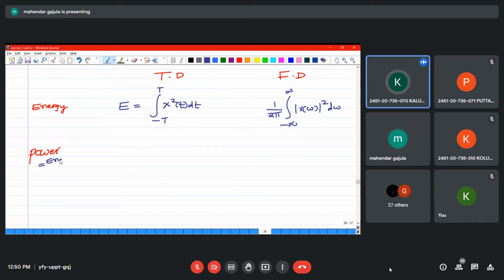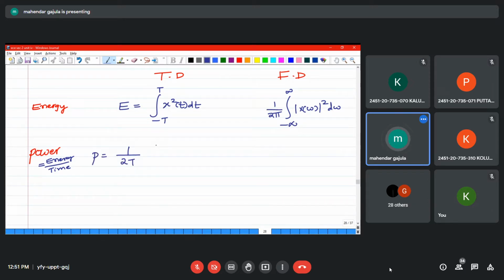Power equals energy by time, so you have to divide the energy by time. Here, for the power, I'm going to divide by 2T. Why divide by 2T? Because the energy is integrated from minus T to plus T, so the duration is 2T.